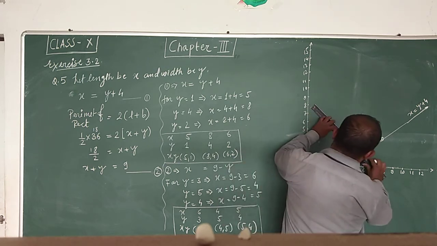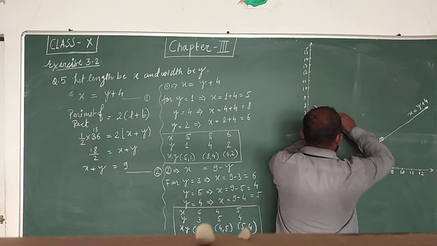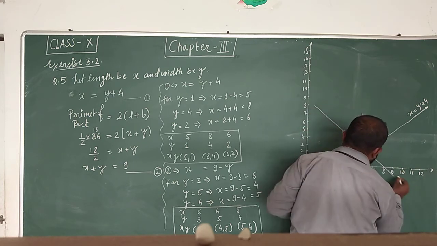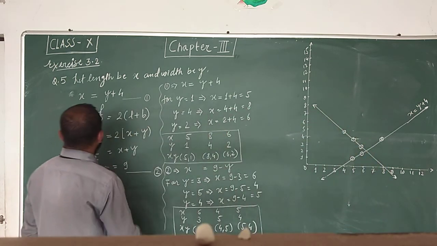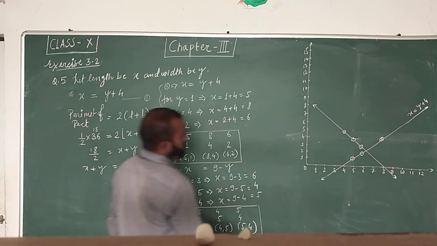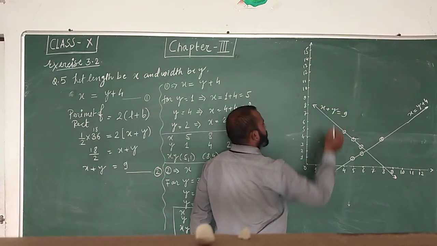Connect this one like this. So this is another line for the equation. Which one? Second, x plus y equals to 9.